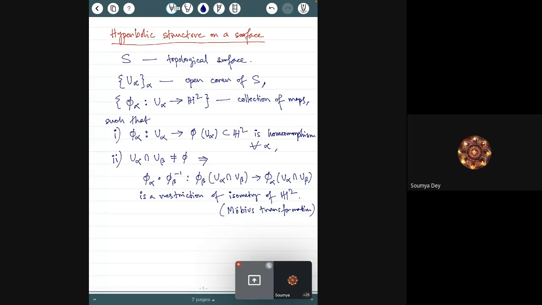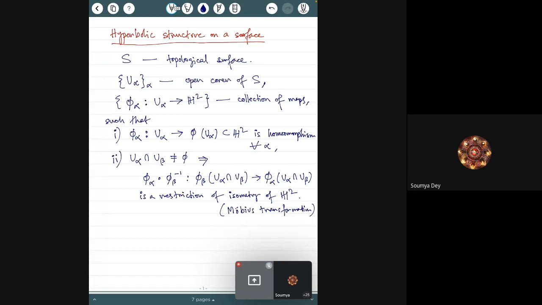It was basically topology. So topology was sufficient to define whatever we did last time. But now we are equipping our surface with a structure which is called a hyperbolic structure.